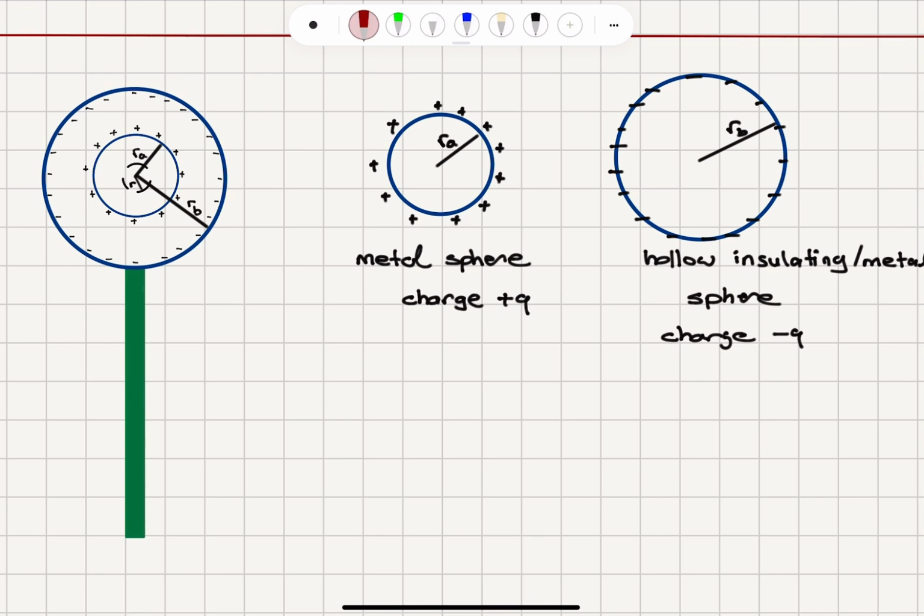So if I talk about the potential for r less than r sub a, so let's start with part A here. Okay, so I'm concentrating on the metal sphere.